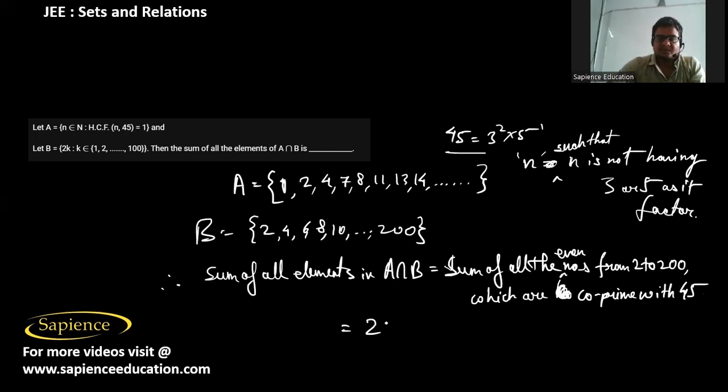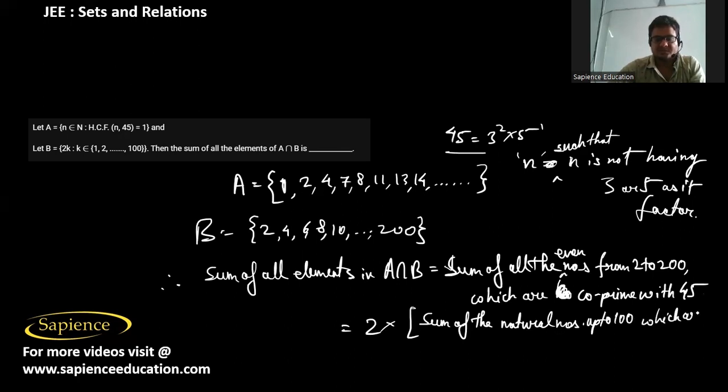So therefore that will be equal to 2 into the sum of the natural numbers up to 100 which are neither divisible by 3 nor by 5.